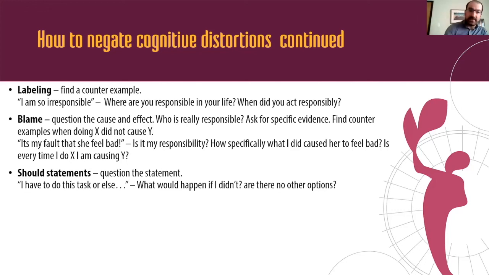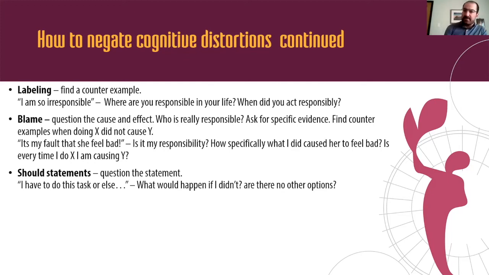So in this example, it's my fault that she feels bad. Is it really my responsibility? How specifically has what I did caused her to feel bad? Is it each and every time I do X, I cause Y? Might not be.